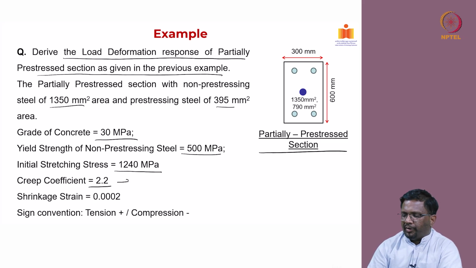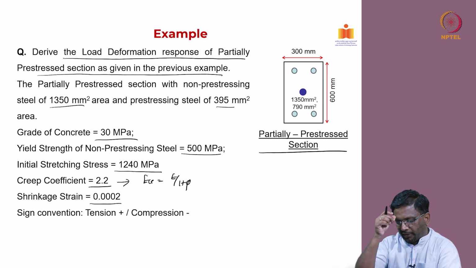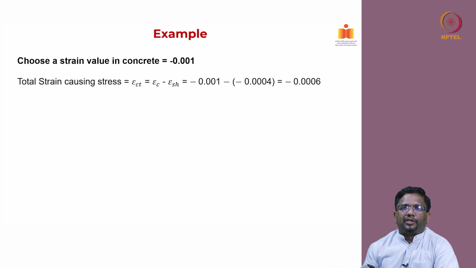This will help me establish Ece, which is Ec divided by 1 plus phi. Shrinkage strain is 0.0002, and the sign convention is tension positive and compression negative.